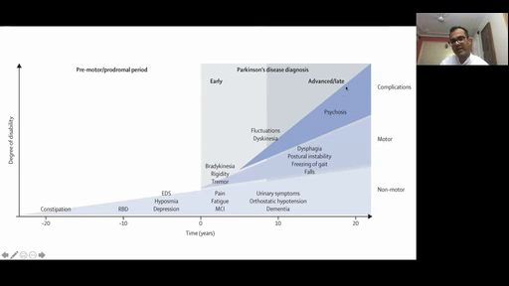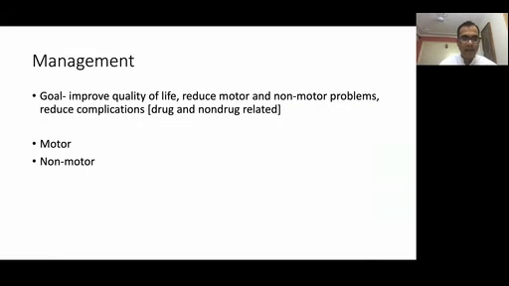So almost twice as disabling as motor symptoms, almost 20 years down the line. So management is, of course, you have to improve the life, reduce motor and non-motor problems, as well as reduce drug and non-drug related complications.